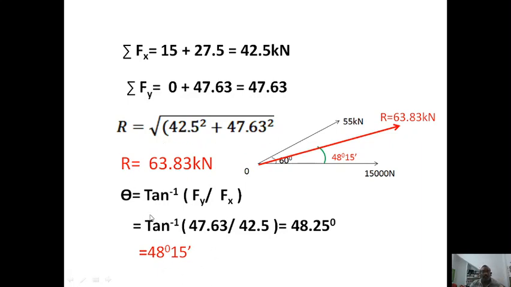You got the resultant 63.83 kilonewton, which has been represented here as the resultant. And theta, the direction with respect to the positive x-axis, is 48 degrees 15 minutes, by using the formula theta equals tan inverse of sigma f of y by sigma f of x. Note that this is also a sigma, it is sigma f of y by sigma f of x.